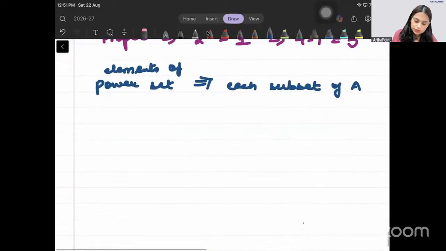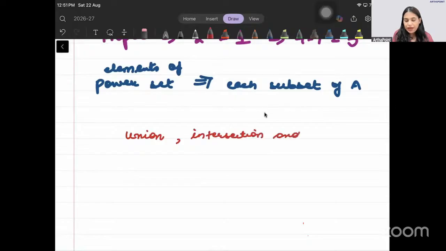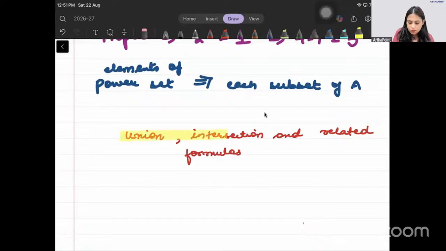Okay. Now we talk about 3 main things: union, intersection, and the other related formulas. What is a union?